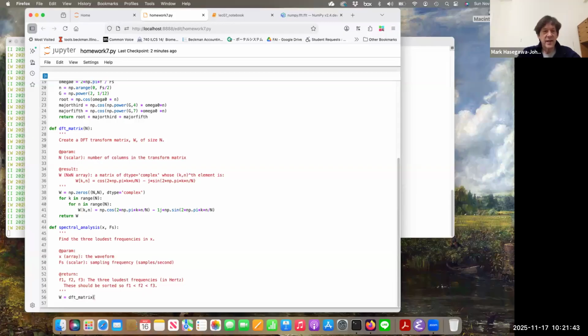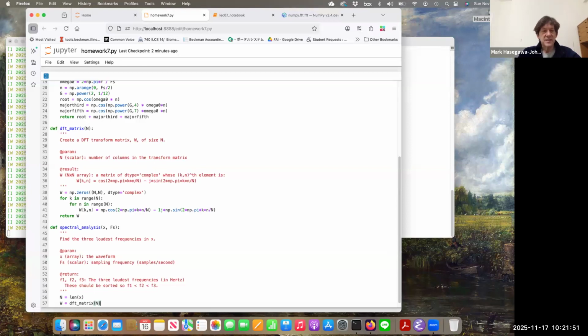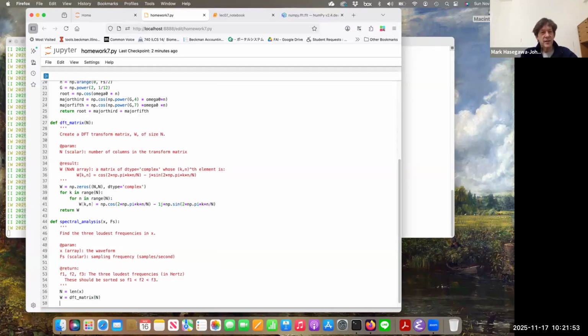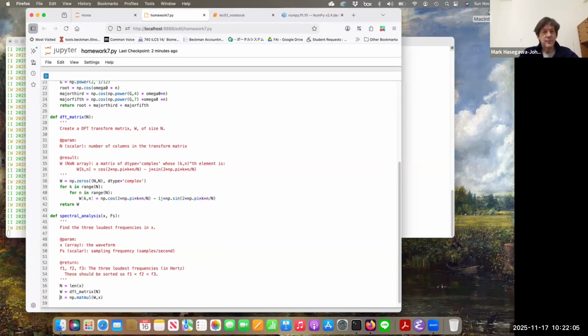Let's first say capital N is equal to the length of x, and then we'll create a DFT matrix with a length of capital N. And then let's multiply capital W times x.